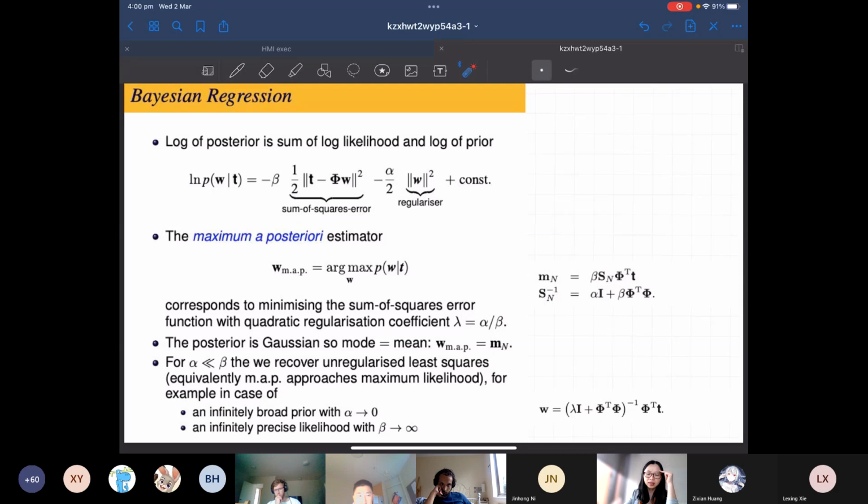What this means is if we take the log of the posterior probability, it is a sum of the log likelihood and the log prior because of Bayes' rule. And for Gaussian likelihoods, if we expand them, basically we take the log of the likelihood and the exponential cancels out, it boils down to these two quadratic terms: one is the sum of squared errors, the second one is the regularizer.